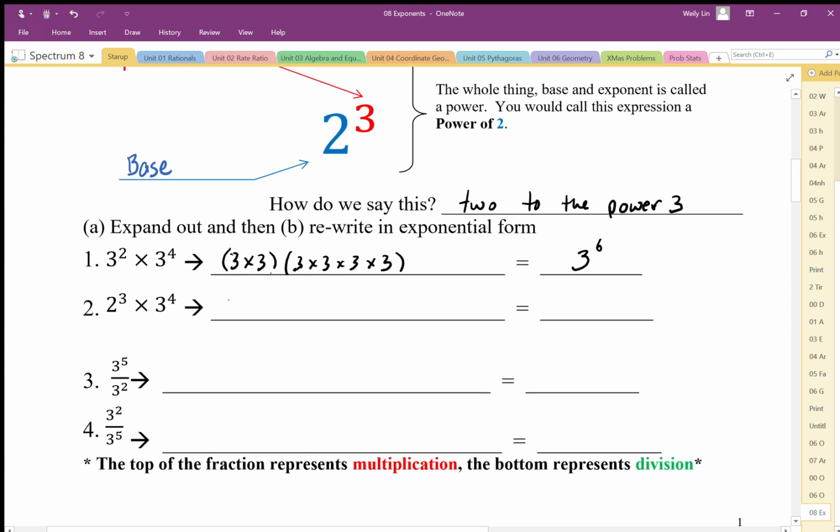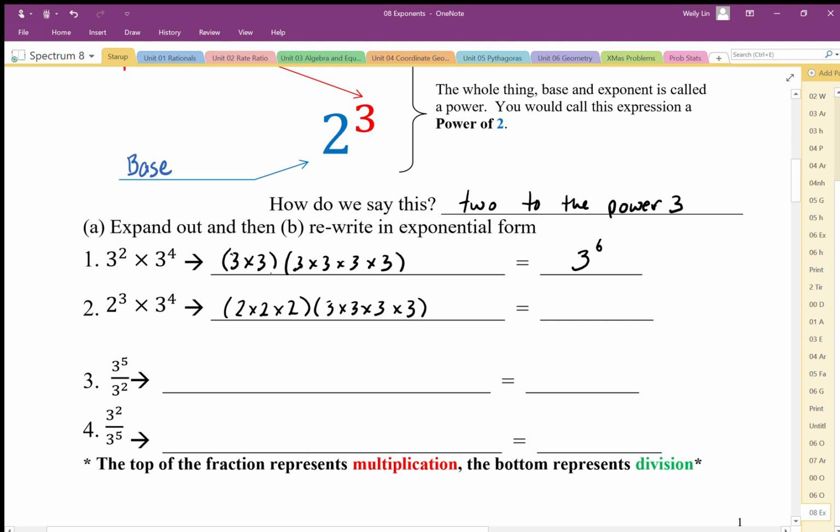2 to the power 3 is going to look like this: 2 times 2 times 2. Okay, we have 3 times 3 times 3 times 3. Now, to write as exponent, well, I've got 2's here, and I can count up the 2's. I've got 3's, and I can count up the 3's. I cannot count these together because they're different things.